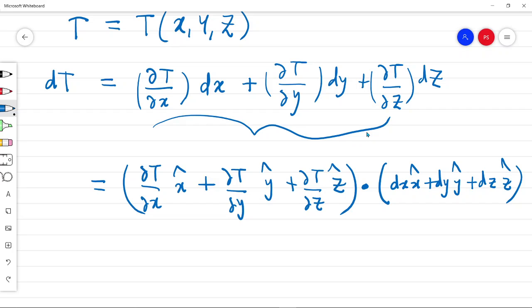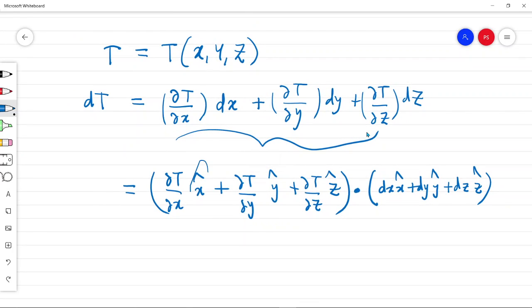Now we should note that these x cap, y cap and z cap are just the unit vectors along x, y and z axis respectively. In some textbooks, they are also denoted by letters i cap, j cap and k cap. Any convention can be conveniently followed.